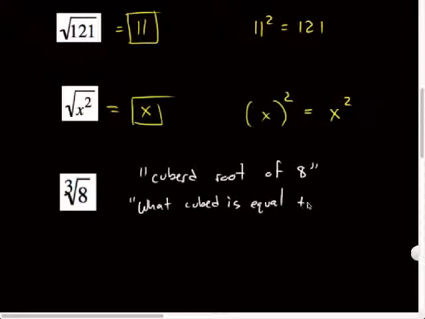Because cubed is 3, Emily. Oh, I'm so sorry. All right, so that's the question it's asking. Let's think about that. What cubed is equal to 8? Is it 2? Yeah, I think so. So the cube root of 8 must equal 2.